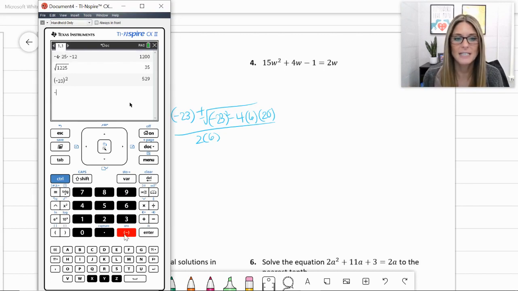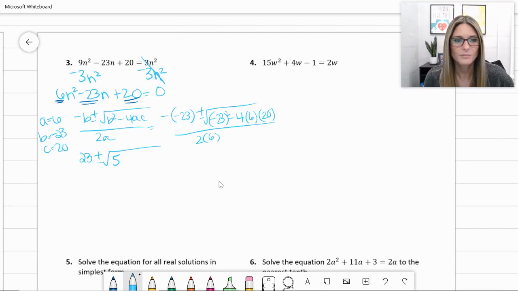If I just did negative 23 squared, my calculator is going to think I only want to square the 23 and just have a negative value there. I know, it's calculator weirdness, but use parentheses around it just to be sure. So positive 529. And like I said before, that spot after you square your b value should always be positive.